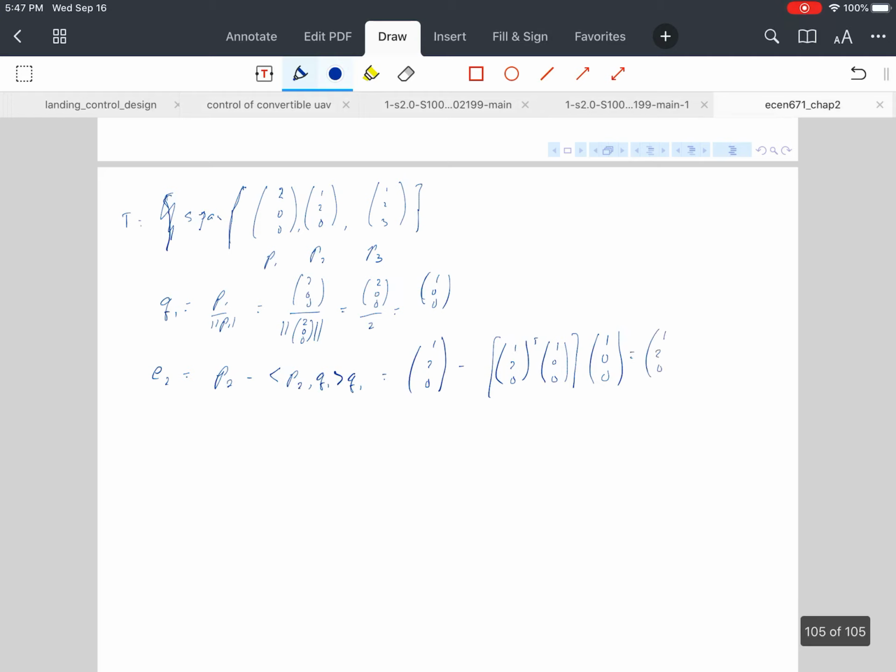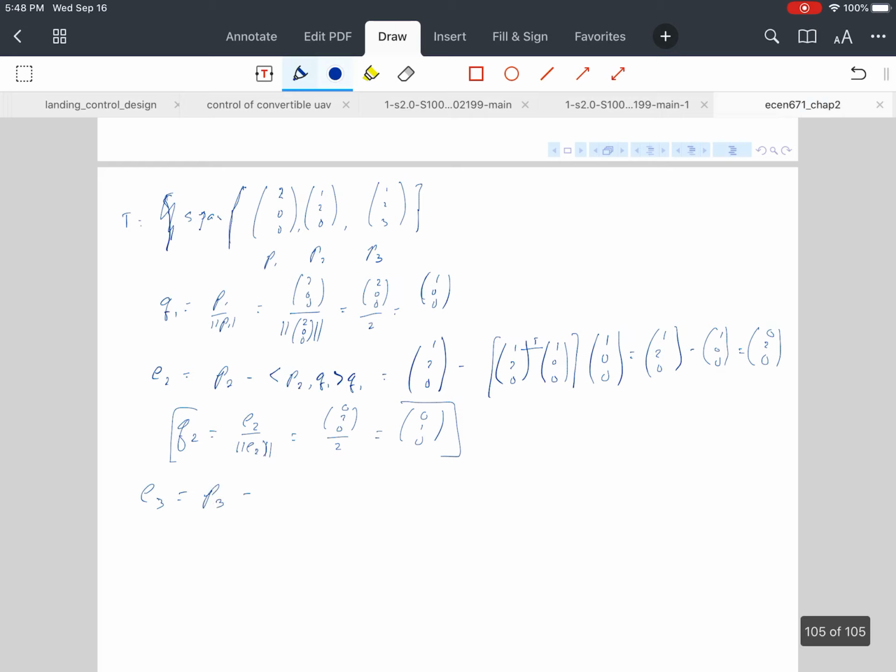And that is going to be equal to 1, 2, 0 minus, now when I take the dot product here it will be 1, minus 1, 0, 0. And so that's going to be 0, 2, 0. And Q2 is going to be E2 divided by the norm of E2, which is 0, 2, 0 divided by 2. So we'll get 0, 1, 0. All right, so we've now found Q2.